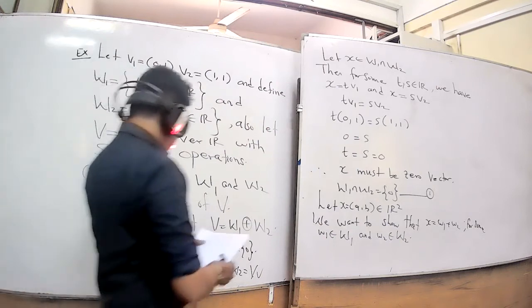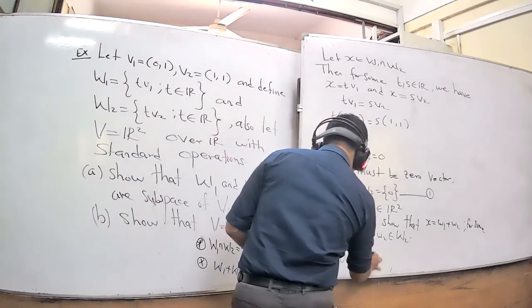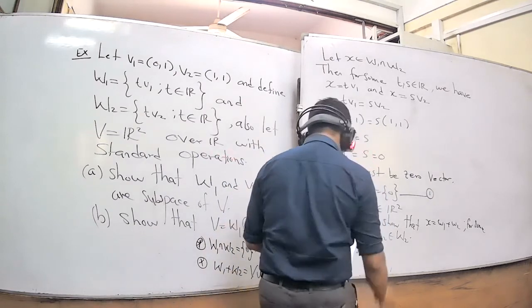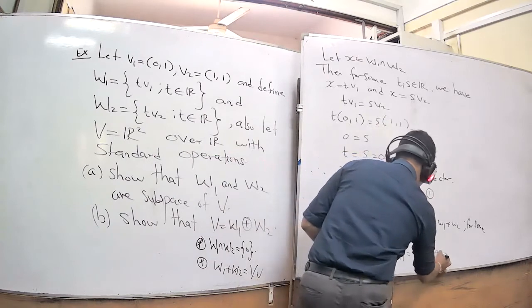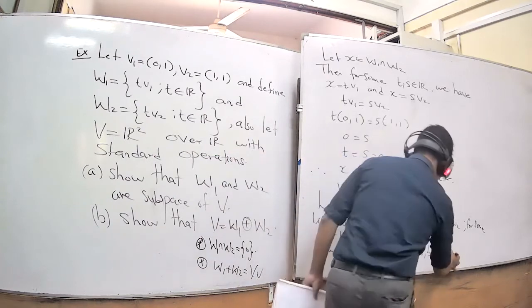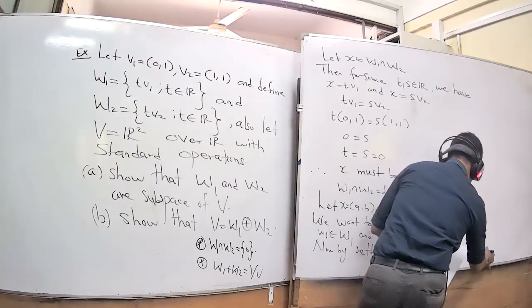Now by setting, you take w1 as the ordered pair (0, b minus a), and w2 as the ordered pair (a, a).